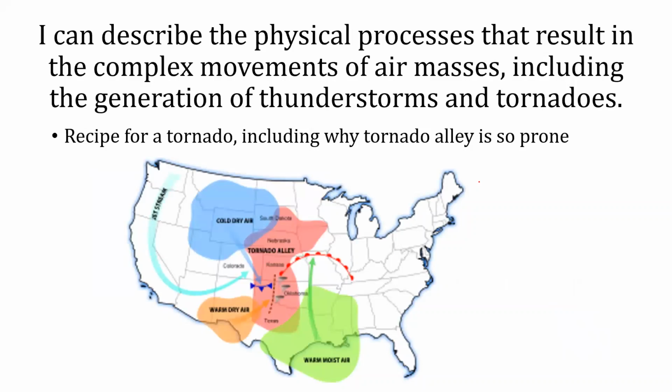Tornado Alley in the US is specifically quite prone to these because it has this perfect blend of conditions. So you've got warm, moist air. This is a maritime tropical air mass coming from the Gulf of Mexico here. You've got warm, dry air from Mexico, so that is a continental tropical.